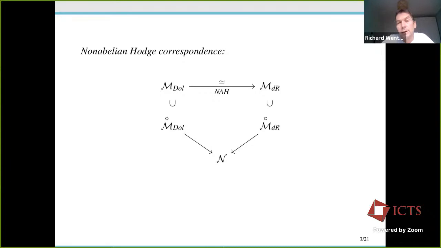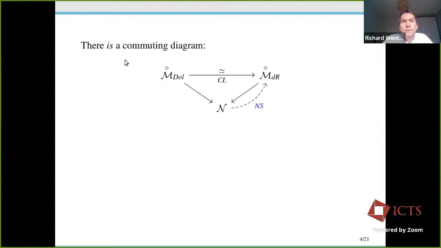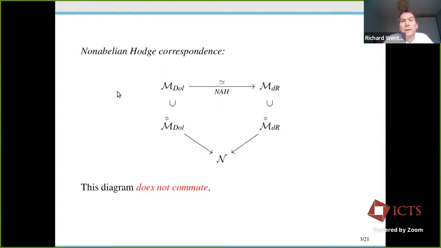It's not complex analytic. And now if we look at these open sets that I just described, then this diagram that I've drawn doesn't commute. In fact, non-abelian Hodge doesn't even preserve these open sets in general. Non-abelian Hodge doesn't act nicely with respect to these mappings.